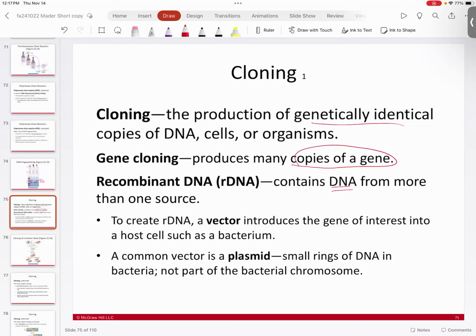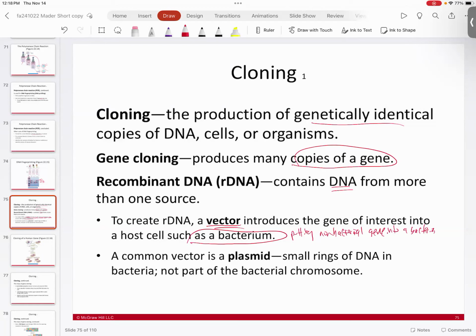If you create this rDNA, recombinant DNA, a vector, which is a structure that carries your gene, will introduce your gene of interest into a host, for instance, a bacterium. So you're putting a non-bacterial gene into a bacterium. It's kind of like transgenics.